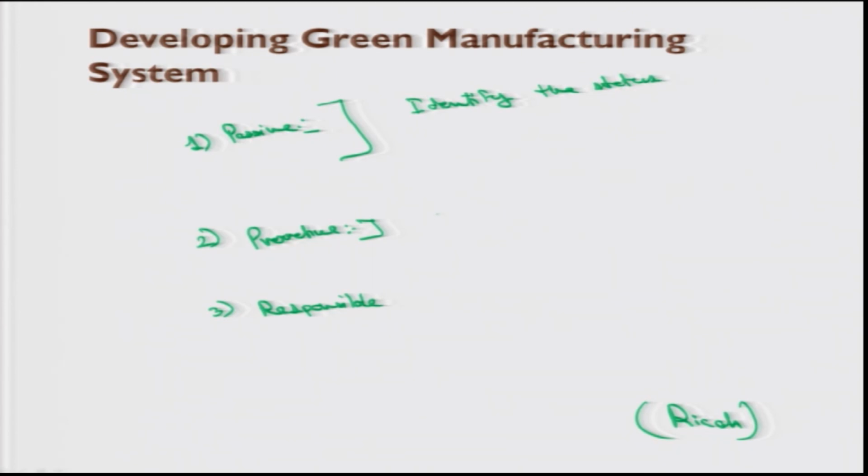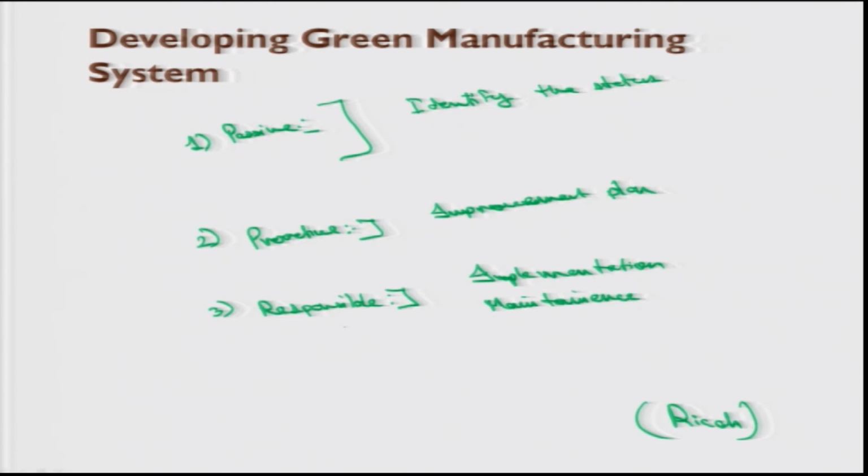So, that one is a passive state. Proactive state is improvement plan. And in responsible stage comes implementation and maintenance. Now, in the responsible stage one has to simultaneously achieve environmental conservation and profits.